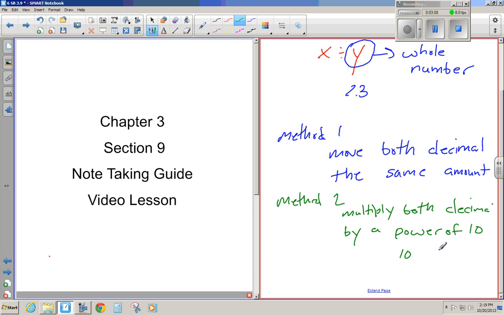That means times by 10, by 100, by 1,000. Anything to make it bigger. So 2.3, you can move it just one place to the right. Or you can multiply by 10.